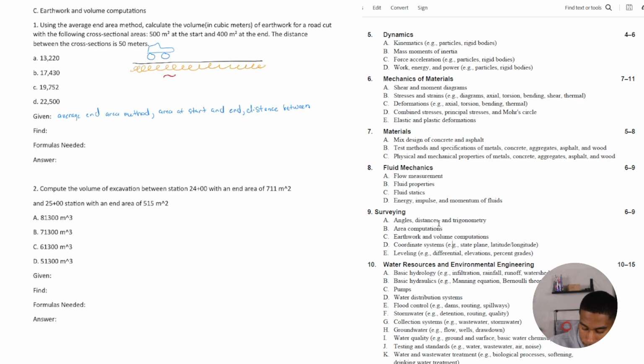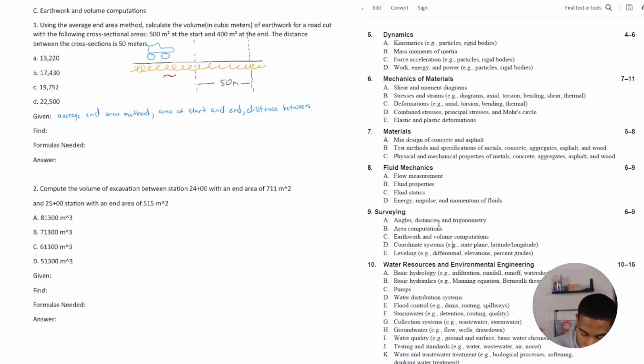Okay, so along this road, the distance in between the cross-sectional areas, we're going to take a cut out of this road. I'm just going to say cut from here to here, and we're going to say that is 50 meters, 50 meters from there to there.